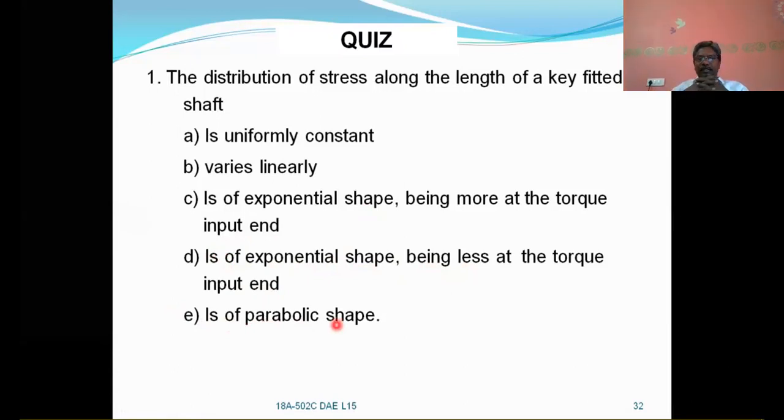Which is the right answer in this? So once again, the question is the distribution of stress along the length of the key fitted shaft. As per our discussion, it is actually the assumption; it is of exponential shape, being more at the torque input end. But our assumption is uniformly constant.